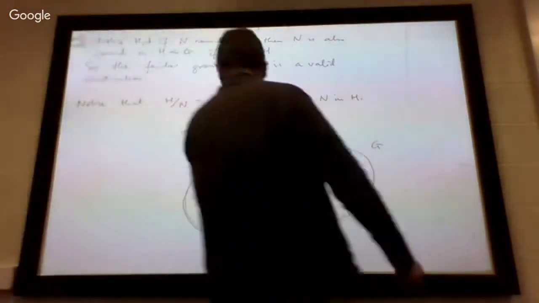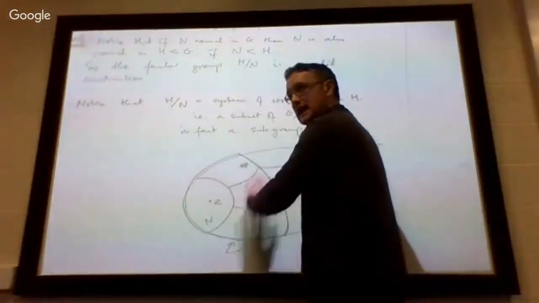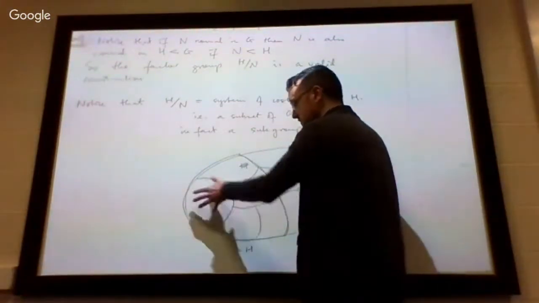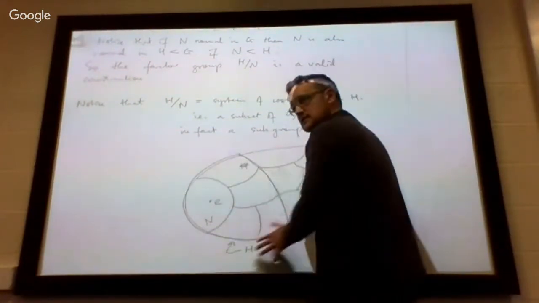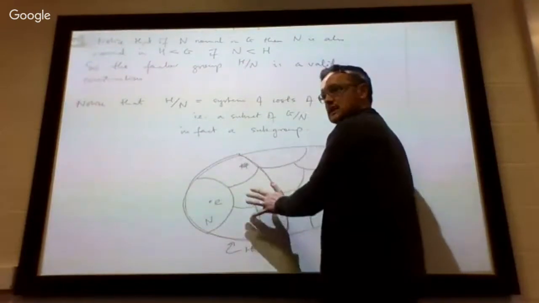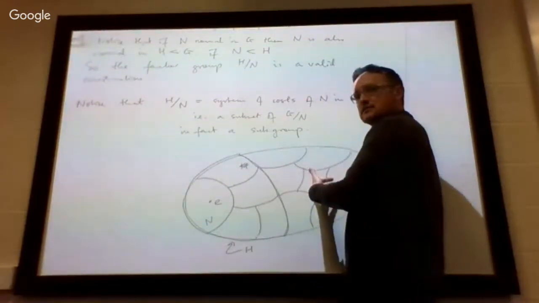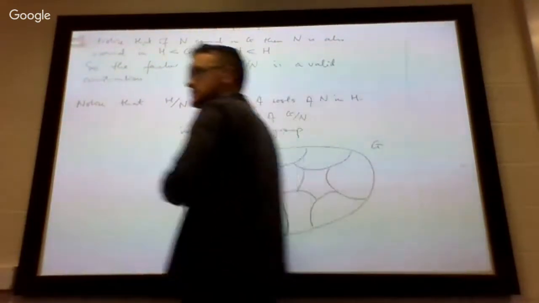But this system of cosets here will act like a subgroup. So if you multiply together two cosets here, it will be another coset within this chunk. You never pop out into any of these other cosets.